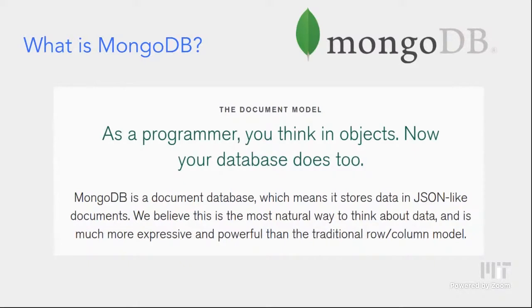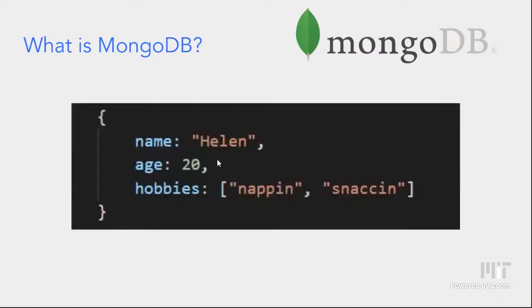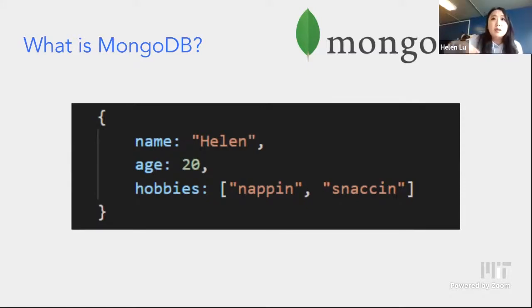So we have fields and we have values. When we code in JavaScript, we often work with these things called objects, right? And these things have fields and they have values. This is a very natural way to think of data, and this is exactly the format that we're going to be handling our data in MongoDB.